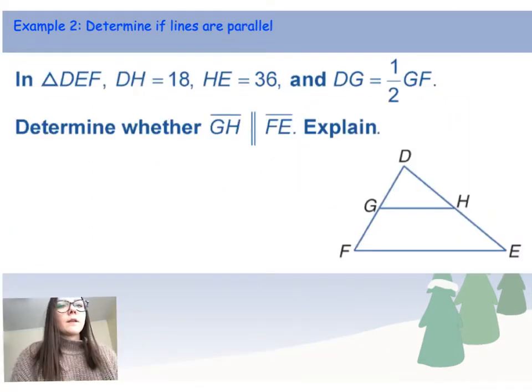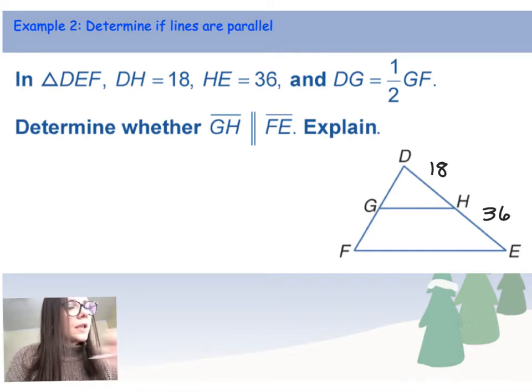Example 2 is really going to be applying the converse of the triangle proportionality theorem, determining if the lines are parallel. So let's go ahead and label the information given in the picture. DH is 18, HE is 36, and then DG is half the length of GF.